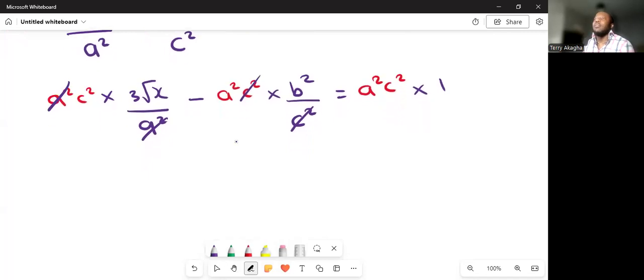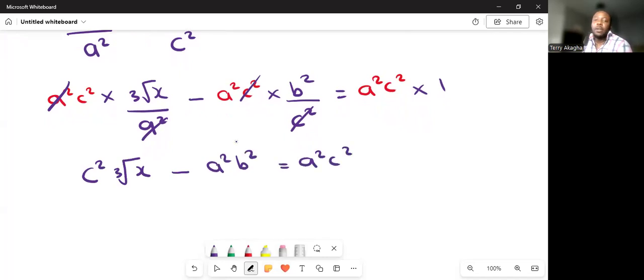So we then have c squared cube root of x minus a squared b squared will be equal to a squared c squared. All right. So I need to get rid of this a squared b squared. So I'm going to add a squared b squared to both sides. Are you seeing it?